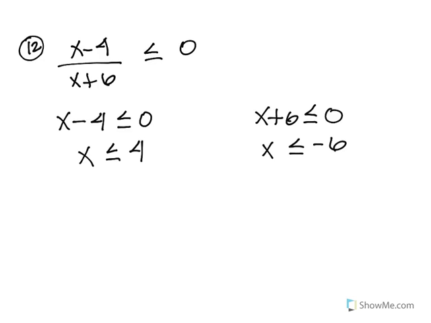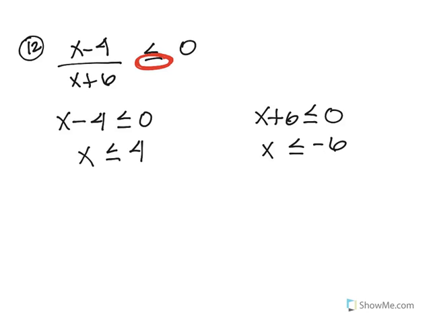Now, when you are solving these, you're trying to figure out what x could be in that rational inequality. Since they gave you a less than or equal to symbol, that makes this problem dangerous, because you cannot let the bottom equal 0.